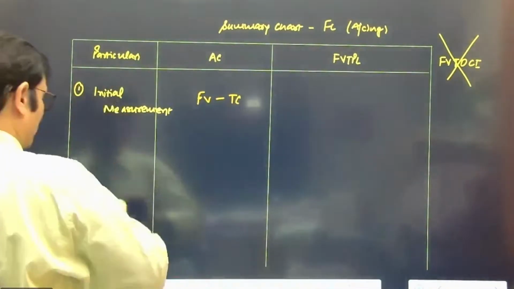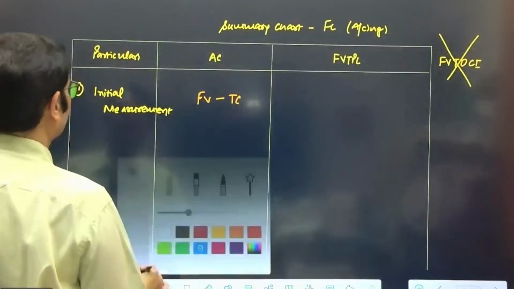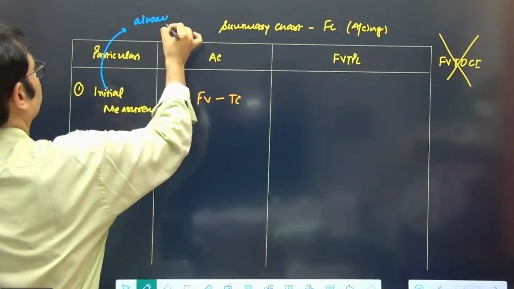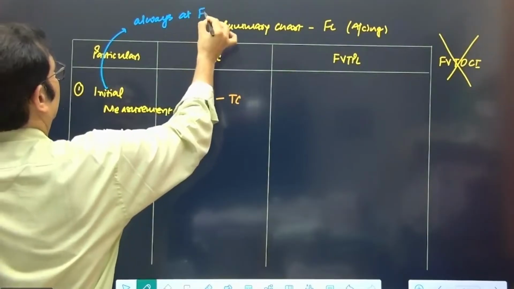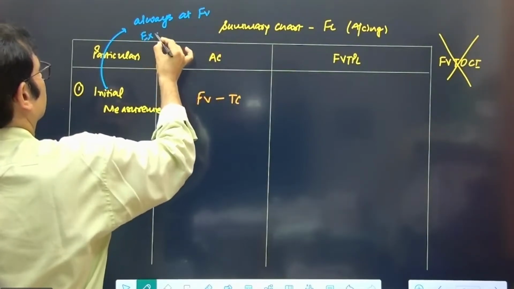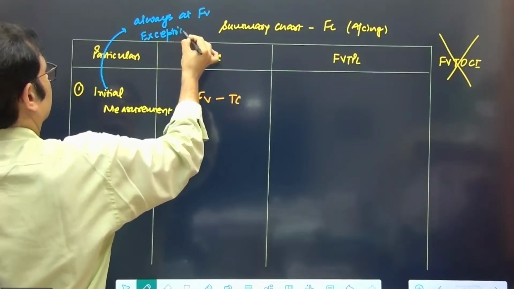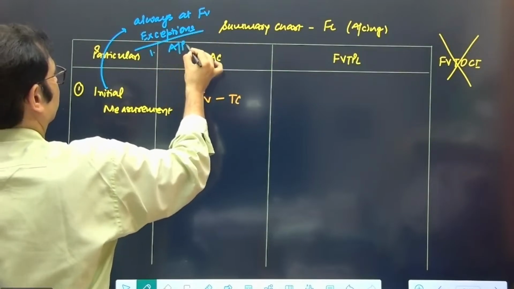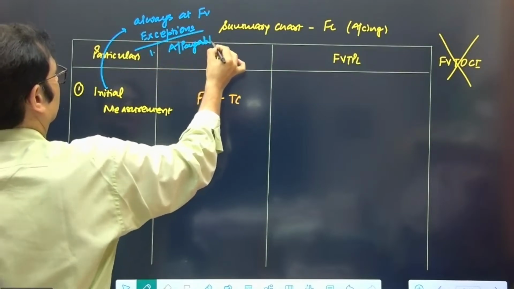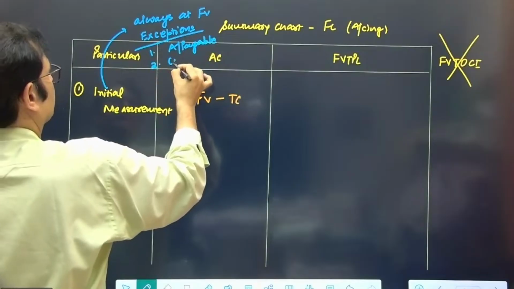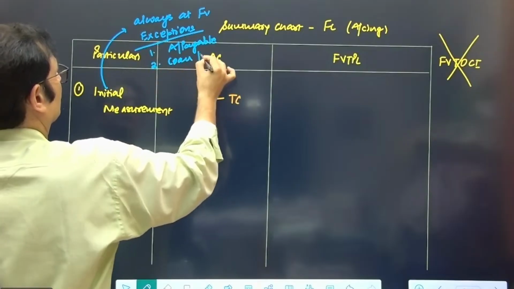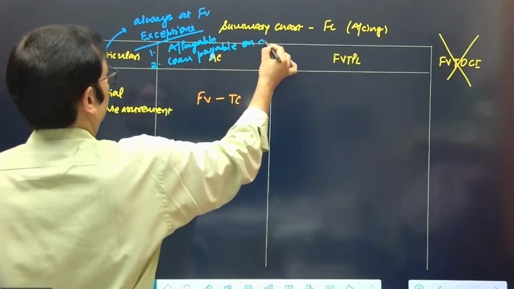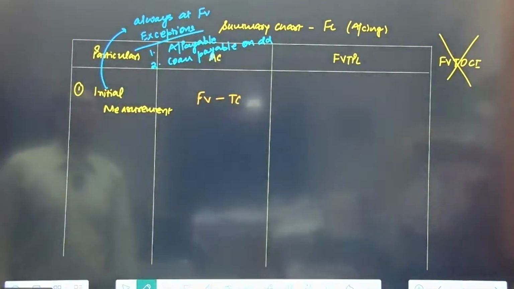Let me also note here that initial measurement is always at fair value. And then we can give the exceptions as well. The exceptions in terms of liability are accounts payable, which would be at transaction value, and the second exception is a loan which is payable on demand.